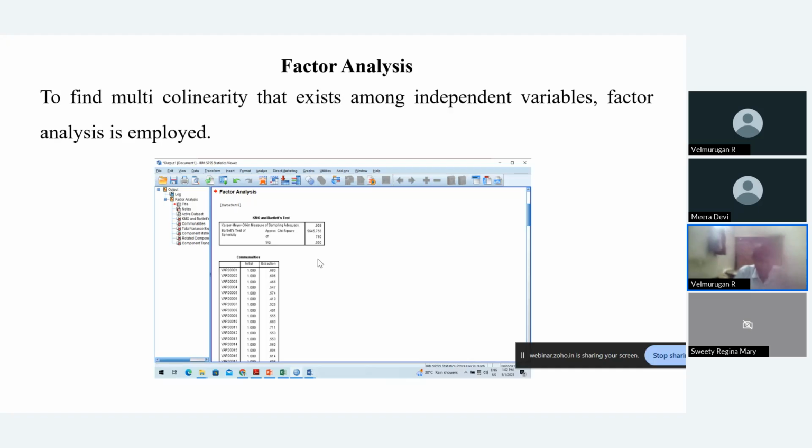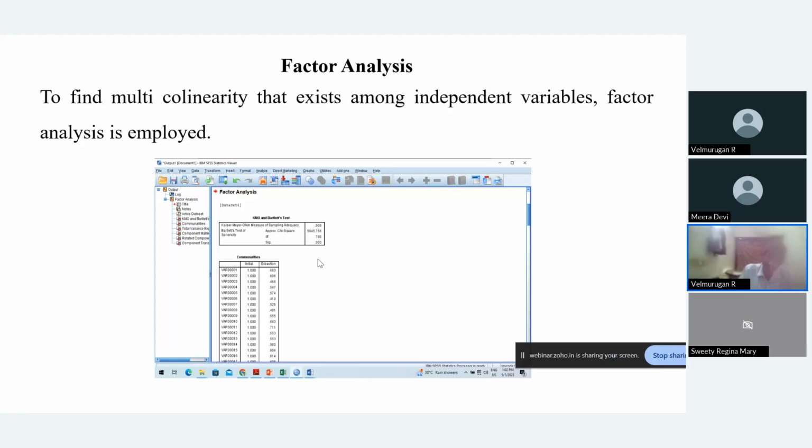For example, for measuring customer satisfaction or job satisfaction, you can construct 25 or 35 Likert scale questions. Out of 30 questions, we want to identify whether all 30 are significant or important, or whether very few are important, for which you can employ factor analysis. In social science, we can say that to measure the prominent factors influencing job satisfaction, factor analysis is employed.